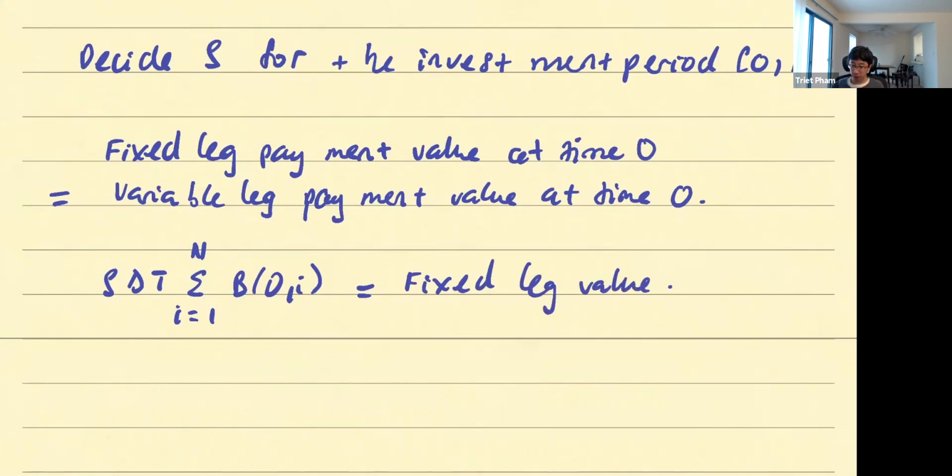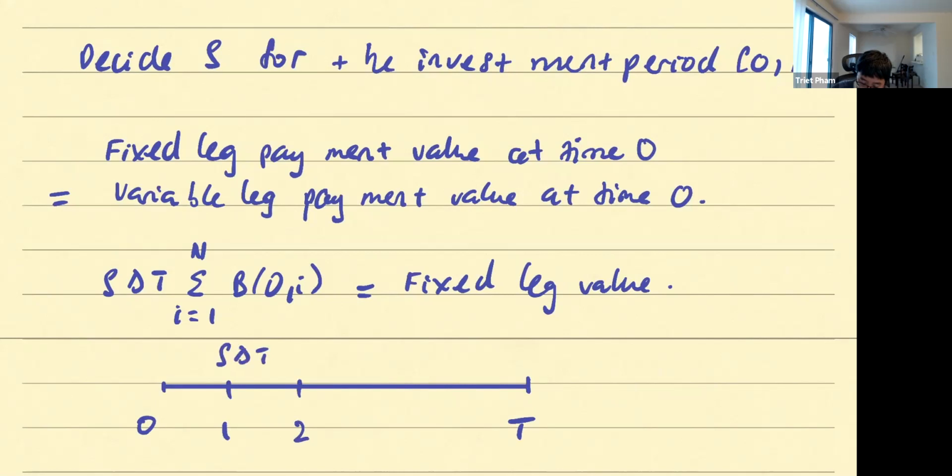I hope you see where this comes from. From 0 to T, you have S delta T at time 1, and if you discount it back, you multiply by B01.